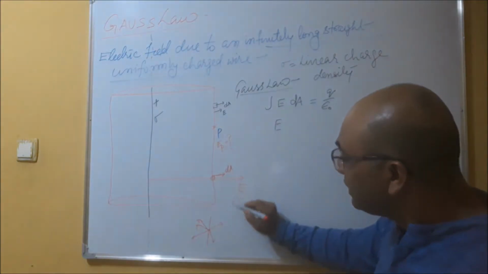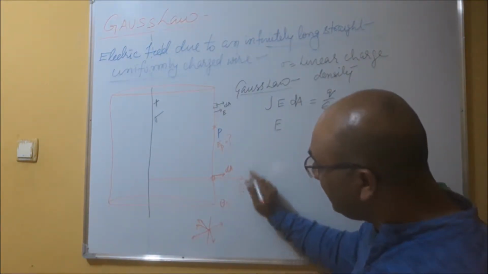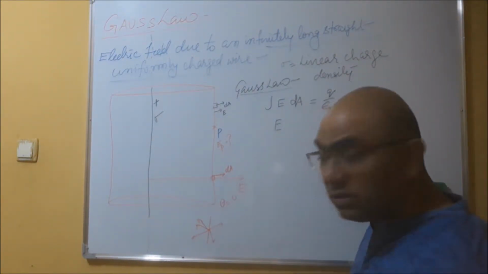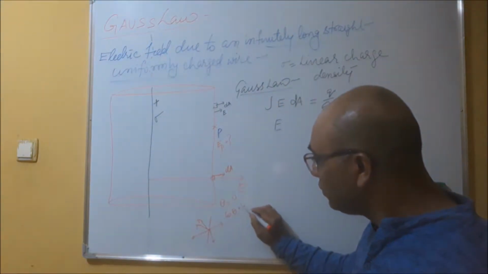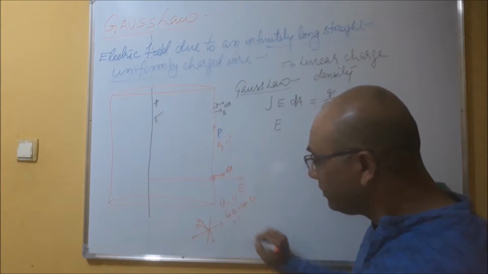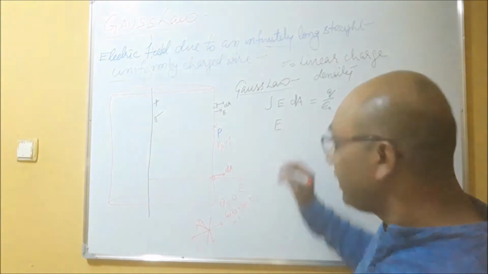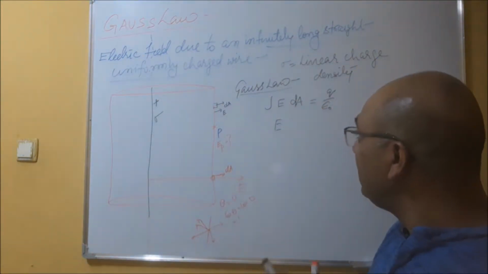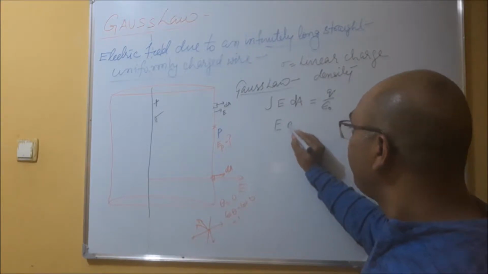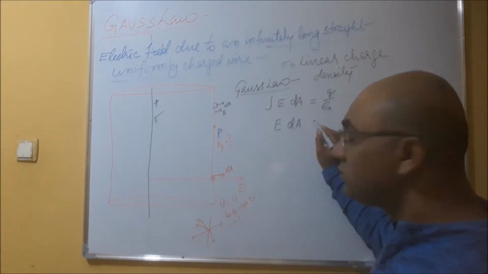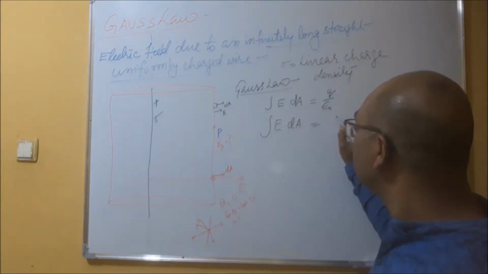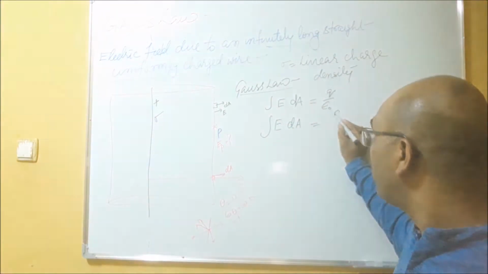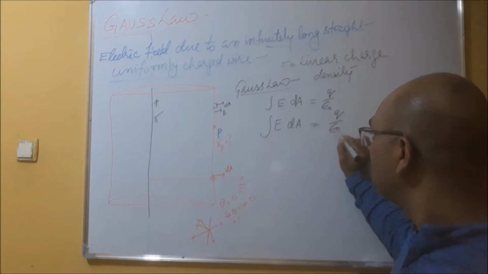This means the theta between E and dA is 0, and cos 0 is 1, right? So we can write E dA, cos 0 is 1 so I am not writing it, equals Q upon epsilon naught, right?